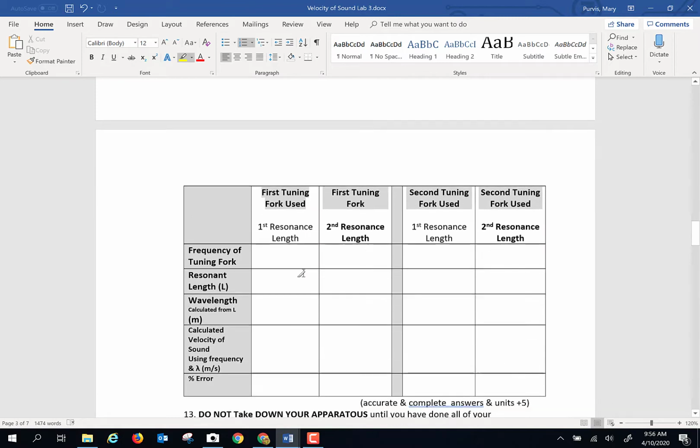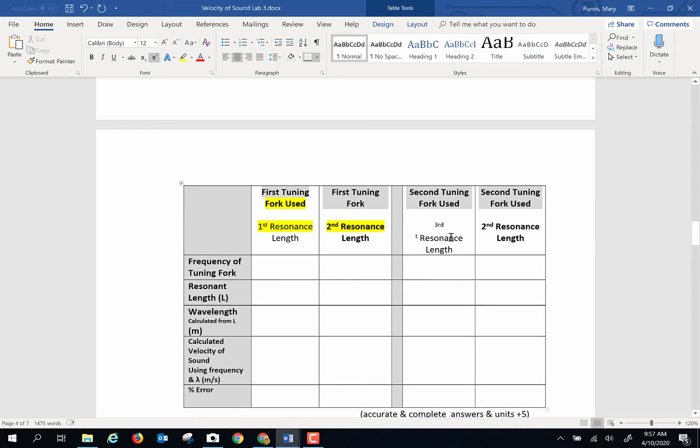And then for the at-home packet lab, what I would do if we were doing this in class is I would have you use 2 different tuning forks. In the modified version, you're going to use just 1 fork, and you're going to be doing the first, second, and 3rd resonance length, and you are not going to be doing this one.